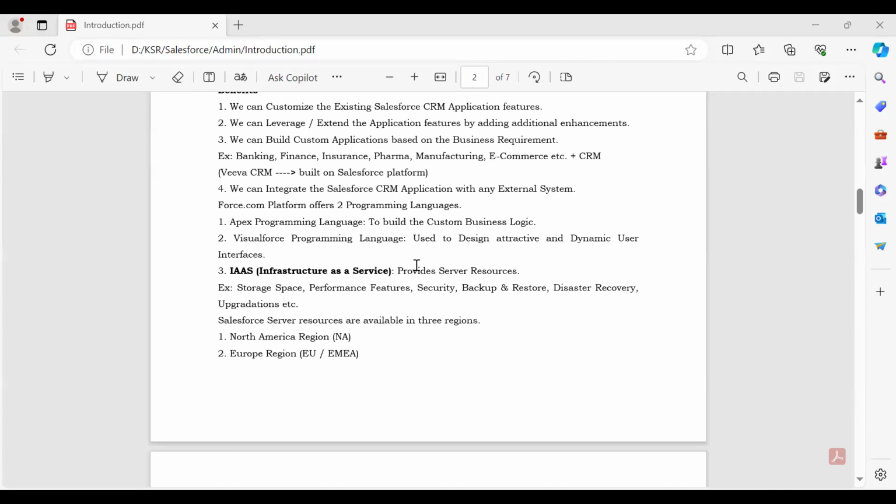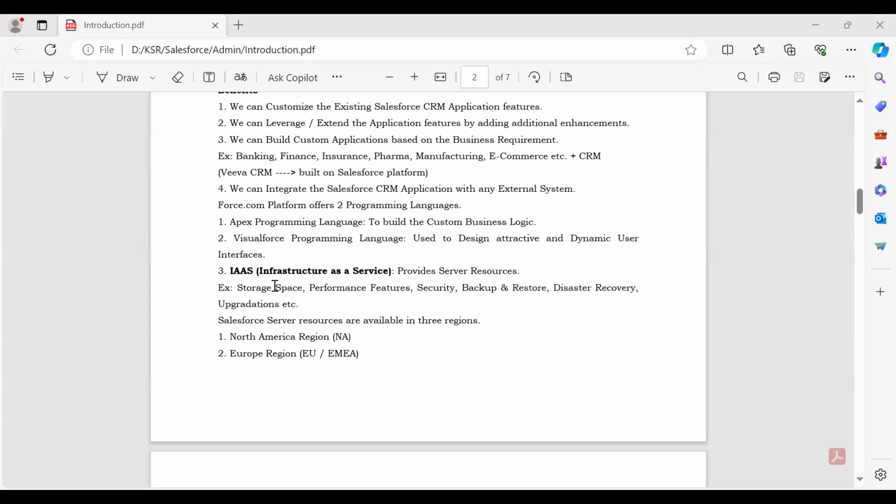So this infrastructure as a service provides the required server resources in order to store our business or application or organization specific data and to manage the data as well. As part of this cloud computing model, whatever server resources are required will be provided.